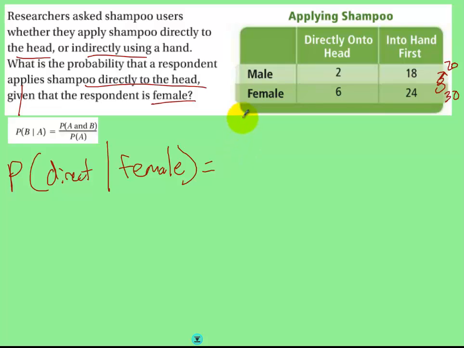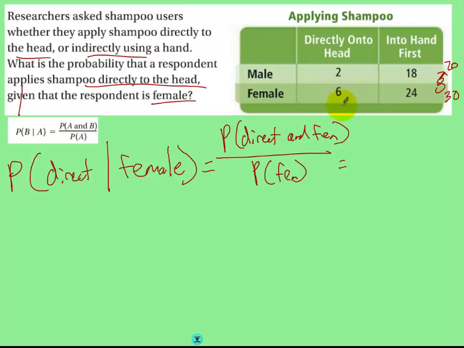The probability of direct and female over the probability of female is going to be the probability of direct and female, 6 over your total 50, divided by the probability of female, 30 over 50. Since both fractions have 50, the 50s cancel out. You're left with 6 over 30, which reduces to 1/5. And that's your answer.